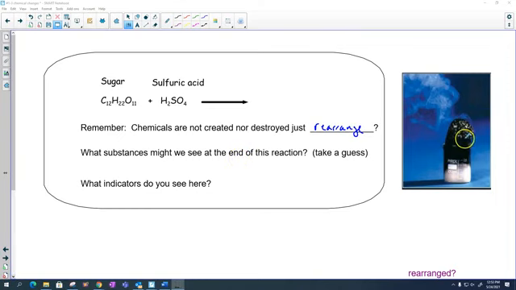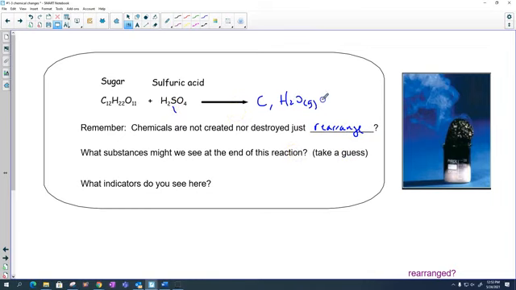Well, we could see some carbon, right? So maybe we got some solid carbon here. We got some gases, and you wouldn't know this unless you actually see it, but it's steam, so it's water in the gas phase. What else? There's going to be some sulfur there someplace.